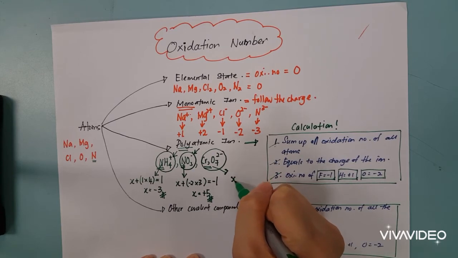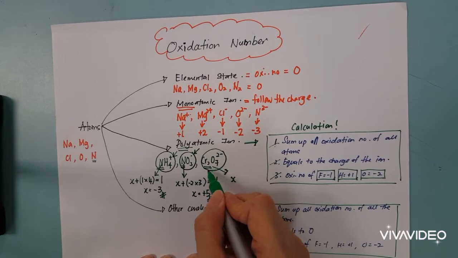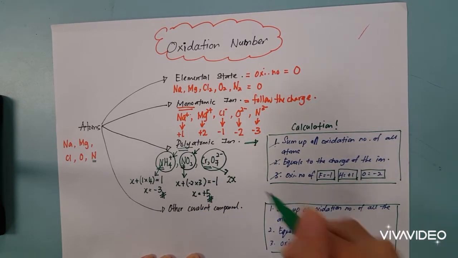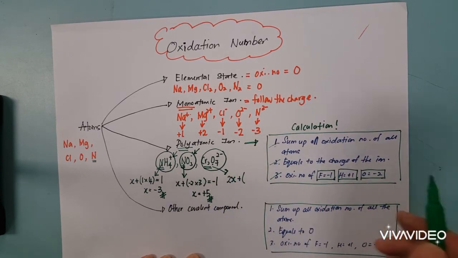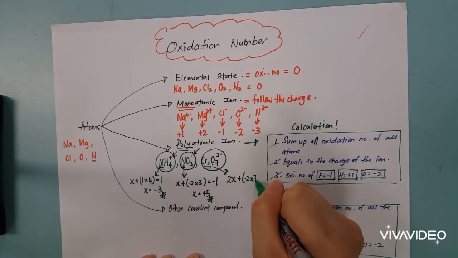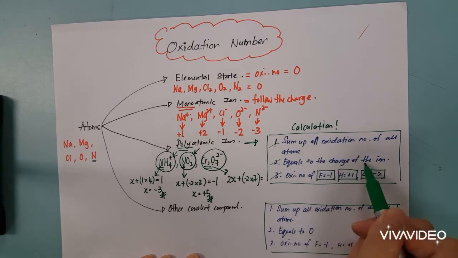Chromium, I do not know the oxidation number, so I replace it with X. And according to the formula, there are 2 chromium over here, so I have to modify it by putting a 2X plus the oxidation number of oxygen, which is always -2, and I have 7 of them. And the entire thing equals the charge of the ion.